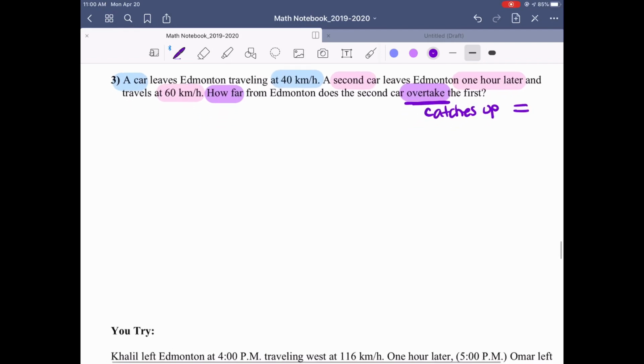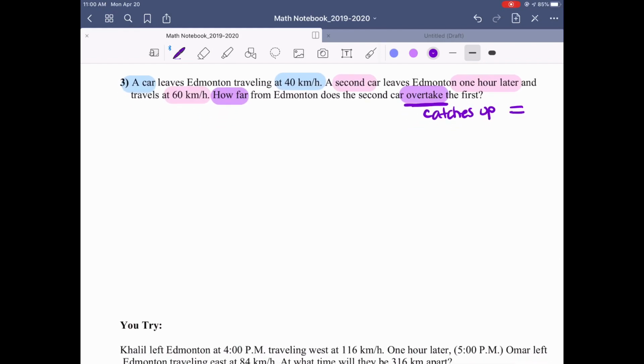Okay, so another thing that you have to understand before you start this problem is the formula for distance is equal to speed times time. So we're dealing with three things here: distance, speed, time. So you have to kind of know this formula. If you're given a question like this on a test, you will be given the equation. You just have to kind of understand how to use it.